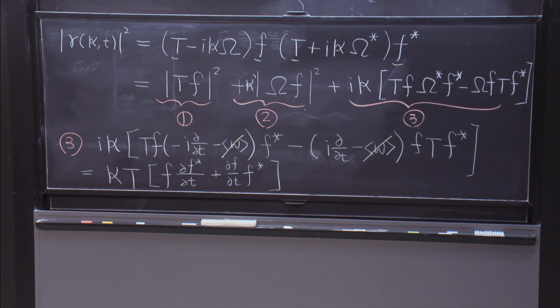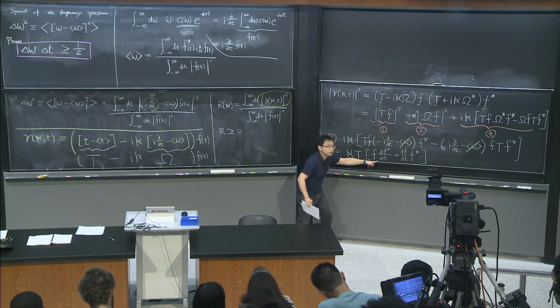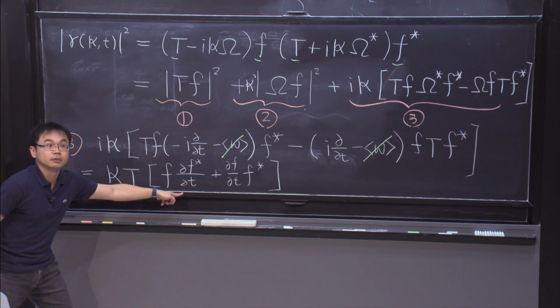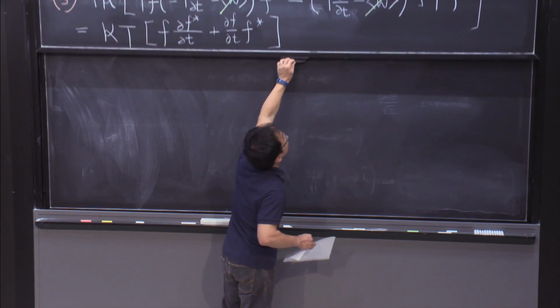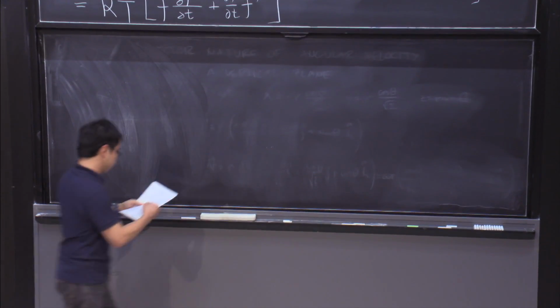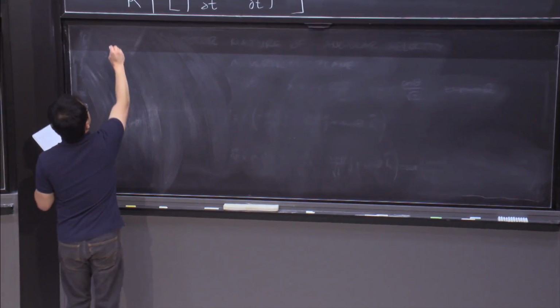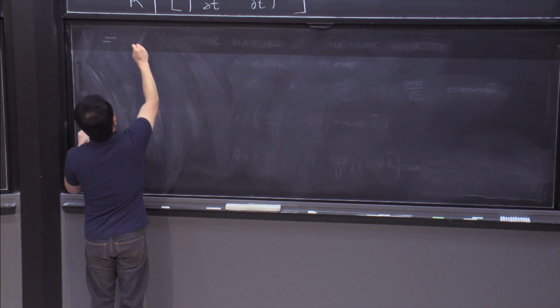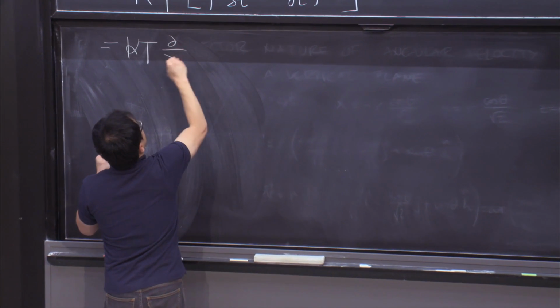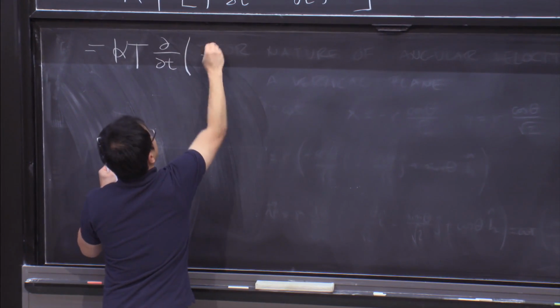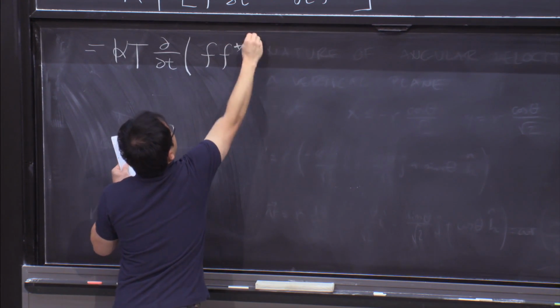After all those works, you can see that this one looks pretty nice, right? This is not bad at all. After all those calculations, after all those cancellations, basically, this will be equal to kappa t partial t f star.